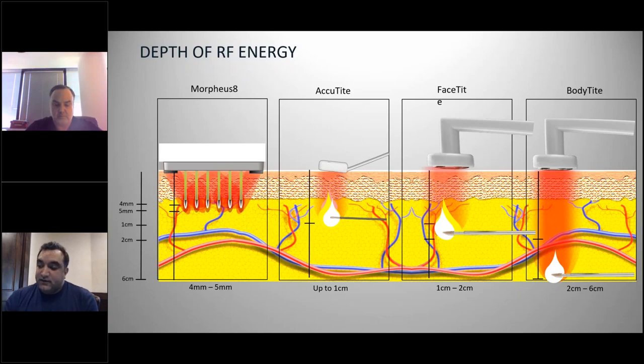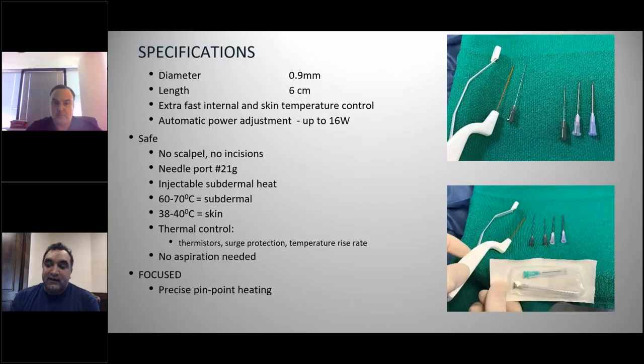And with the AccuTite, you can go slightly deeper as well, and the AccuTite can go into the deeper tissue. So we're going to really focus on the depths as well. And I think that that's really a critical part about the anatomy portion. So again, this is a safe procedure. It does heat up quickly, and so there's some certain guidelines you can see in our live video that really work well on how to be very safe in this area.